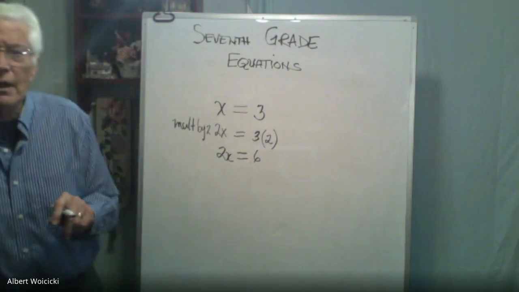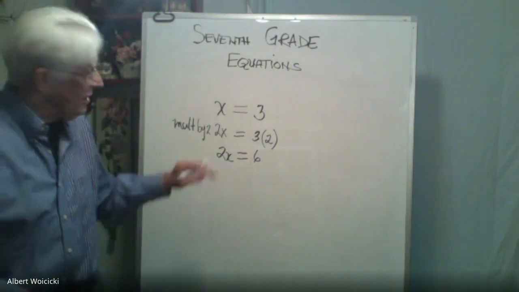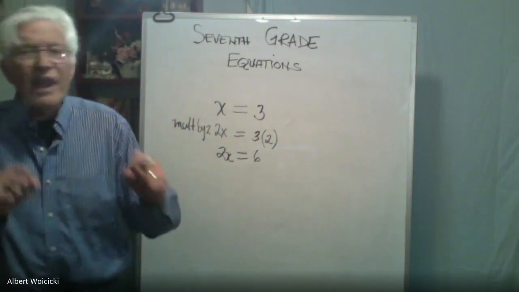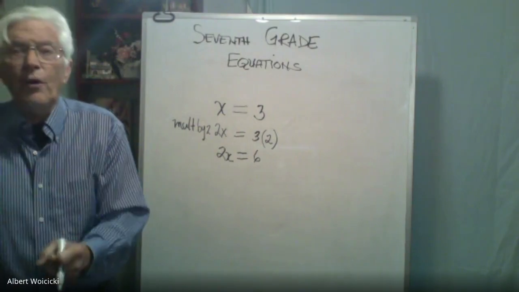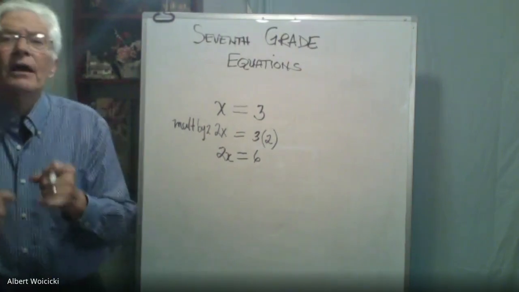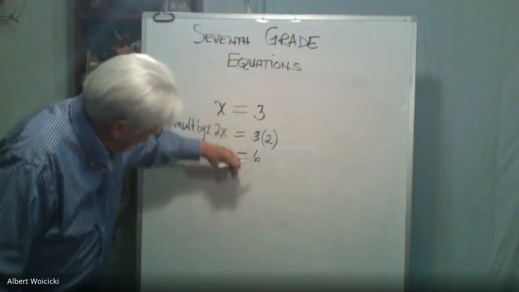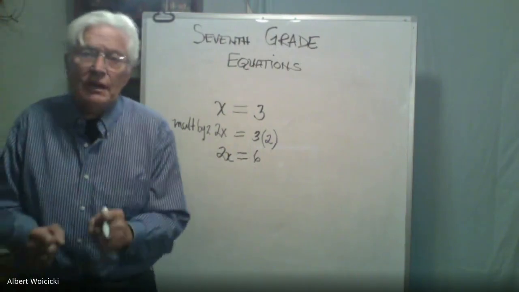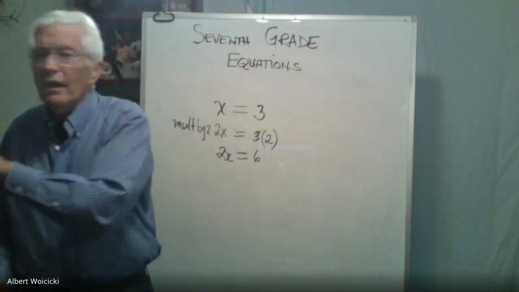Now, you're going to have students that want to put all this stuff on one line. Don't let them do it. Math is vertical. Equations are vertical. Equal sign is straight up and down. That's the way it has to be. It doesn't go across the page like a typewriter.